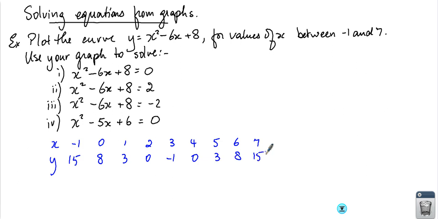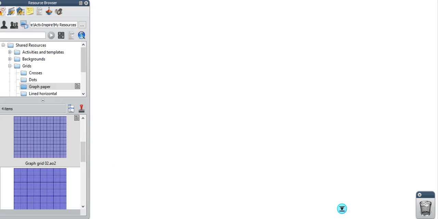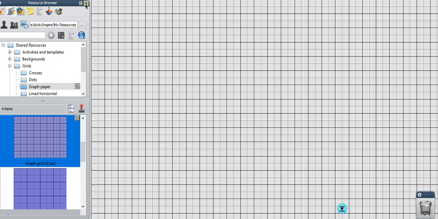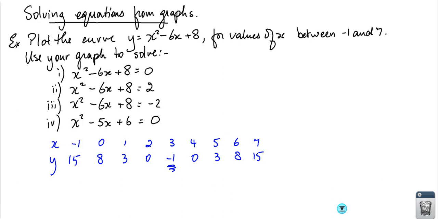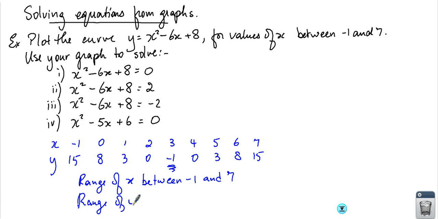Be careful, make sure that you have a minimum point. In this case, I do have a minimum point. That's a very important value. So now I'm going to plot the graph. Range of x was between -1 and 7, and range of y between -1 and 15.